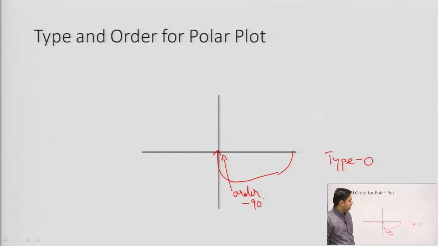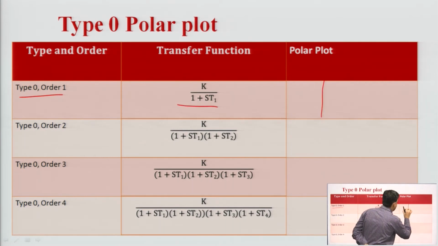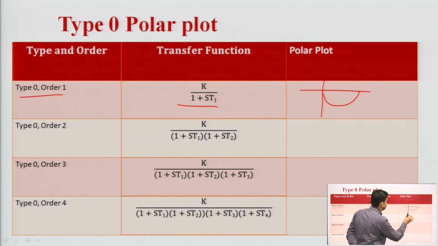In the same way, for type 0 and order 1, what we had seen, our generalized transfer function would be k over 1 plus sT1, and our polar plot would be like this.